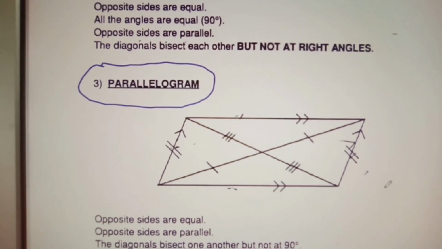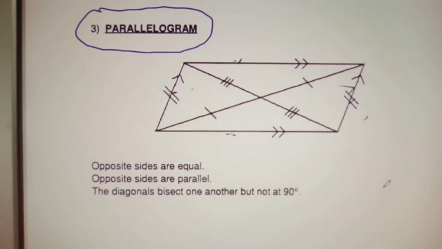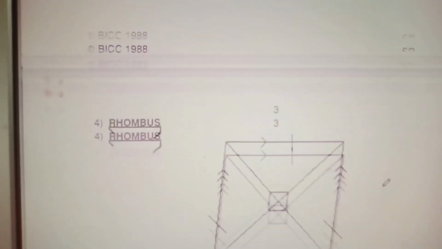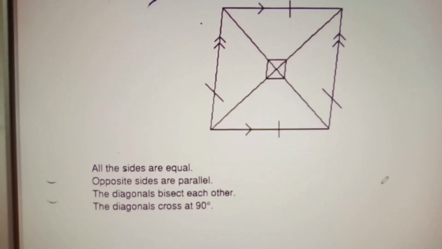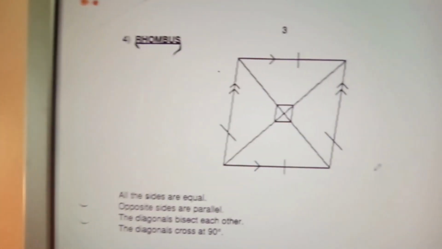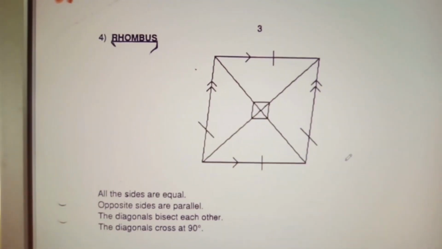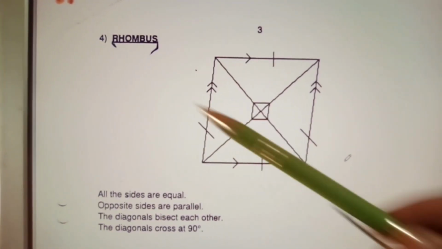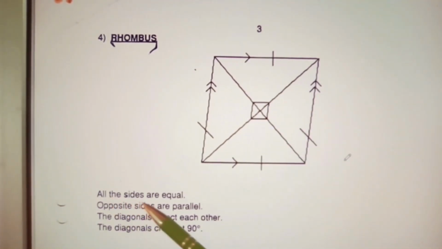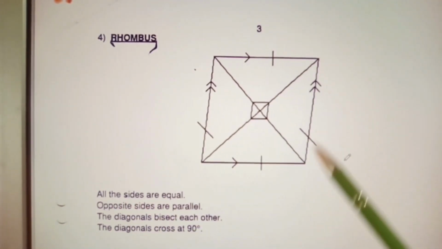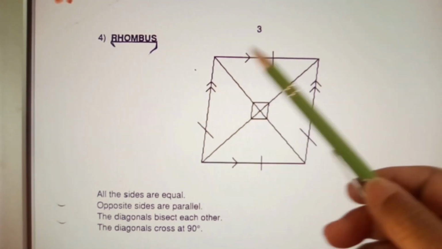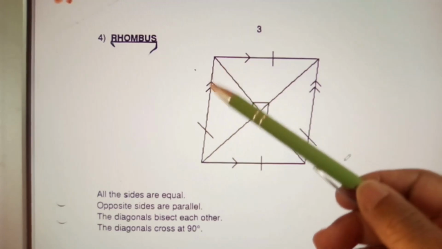Make sure you're familiar with these shapes because they're going to come up a lot in mathematics. A rhombus. Now here we are, rhombus. All the sides are equal. Where have we seen this before?